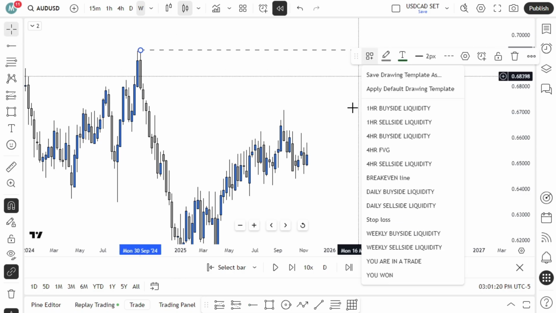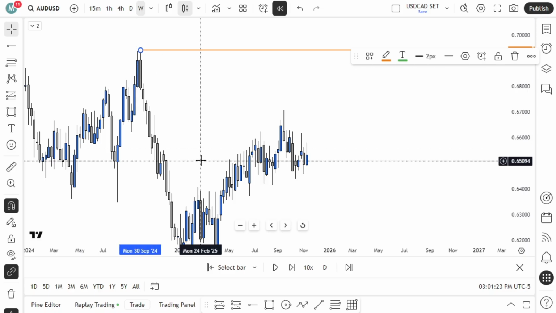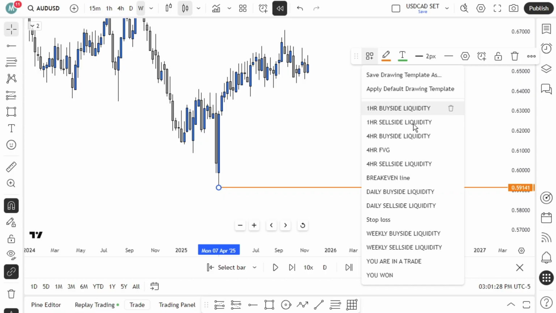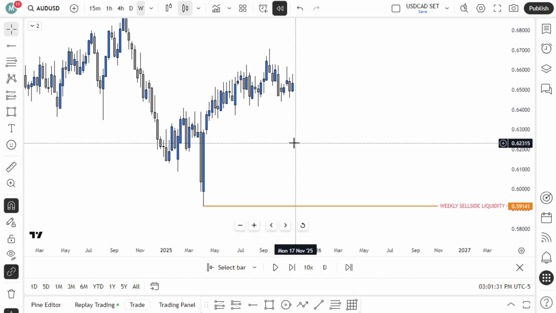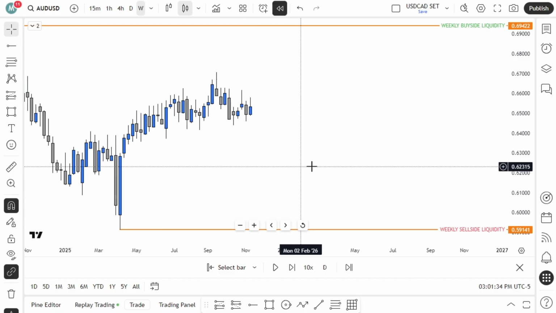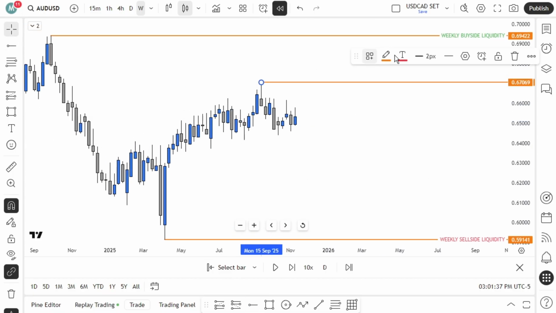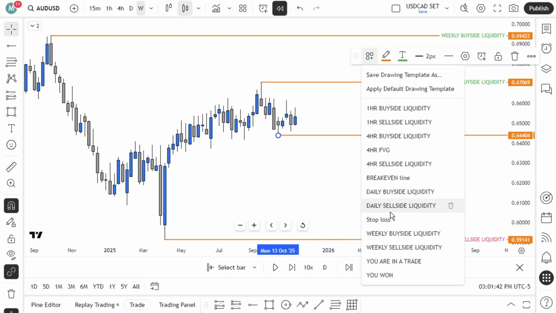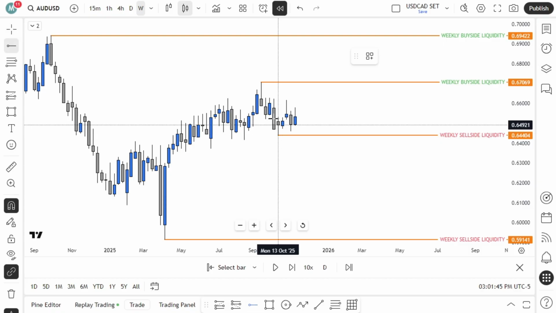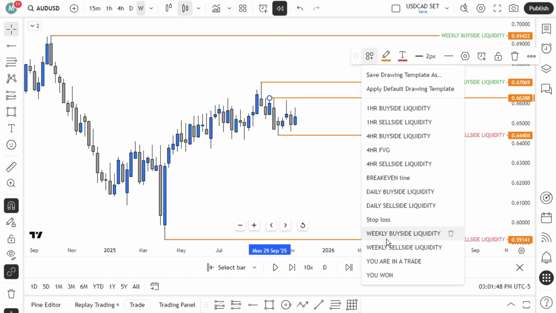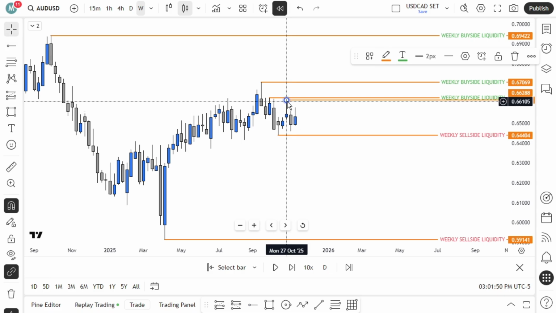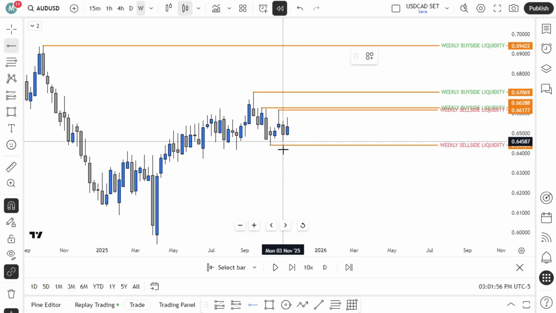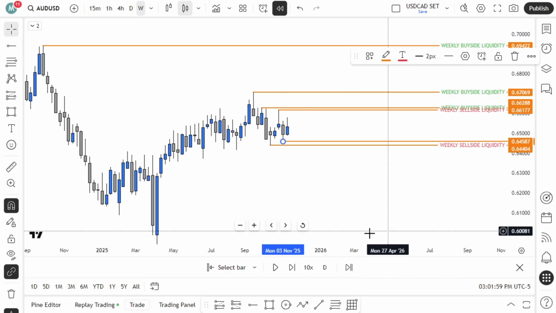So we have this weekly buy side, and we have this weekly sell side right here. We need to get the most visible ones out. So knock that one out. Now you have weekly sell side, weekly buy side, weekly sell side, weekly buy side.